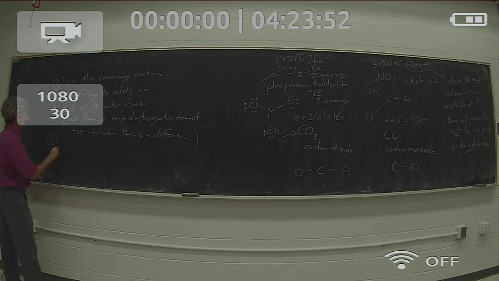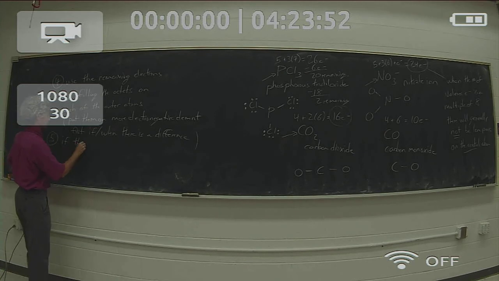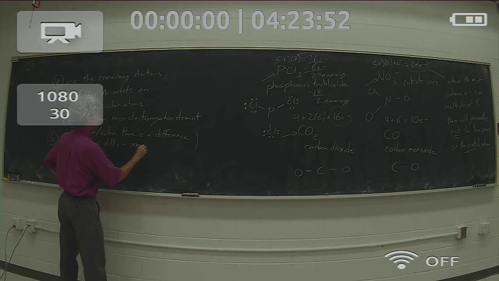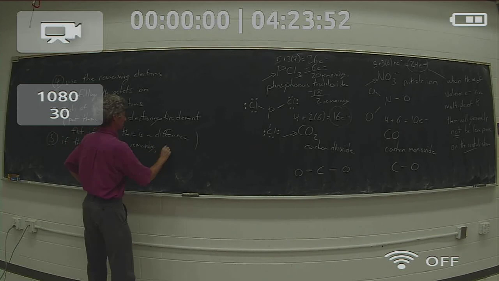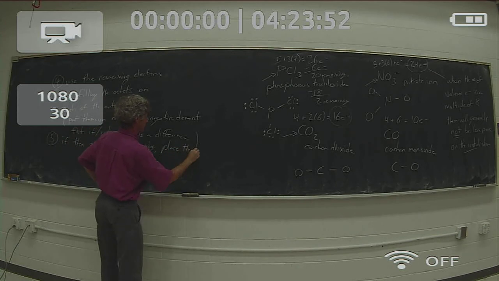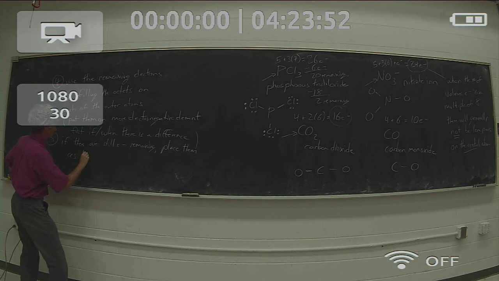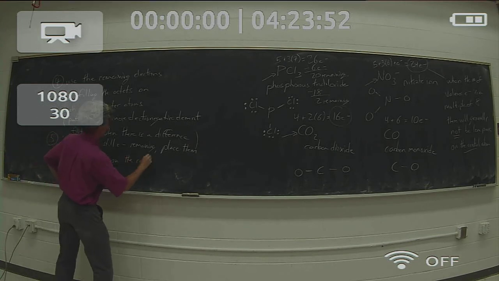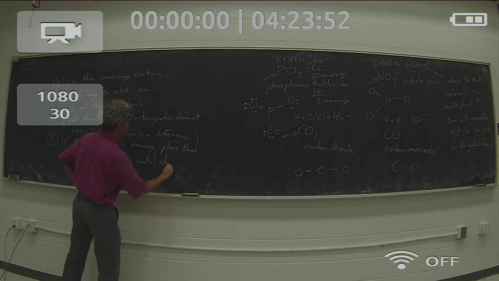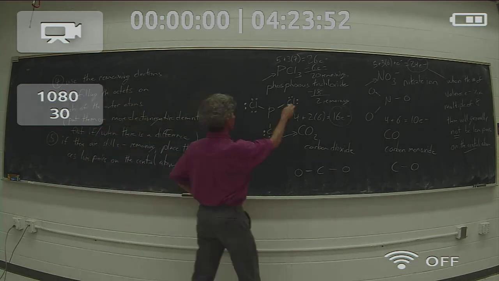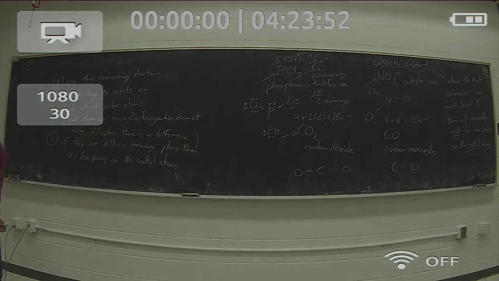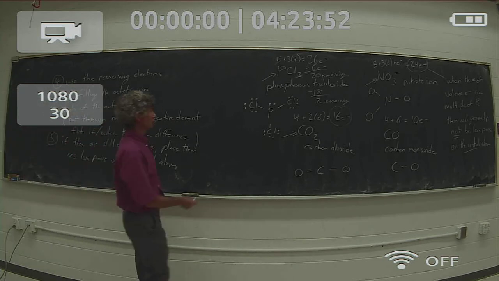At step 5, if there are still electrons remaining, place them as lone pairs on the central atom. So we will put that last pair of electrons on phosphorus. And we now have a filled octet on each chlorine, and a filled octet on phosphorus, so that is now a complete and correct Lewis structure for phosphorus trichloride.